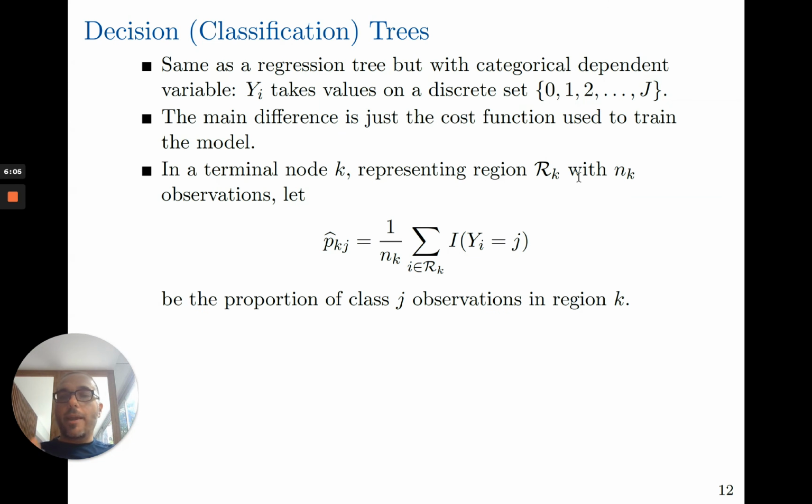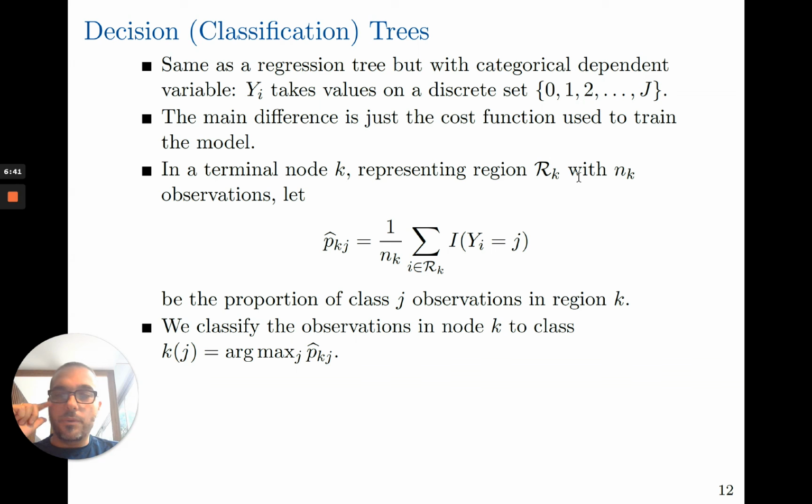Basically, in a terminal node k of a tree, representing the region Rk with nk observations, we write p hat kj as the proportion of y's in the class j. So this is the proportion of class j observations in region k.